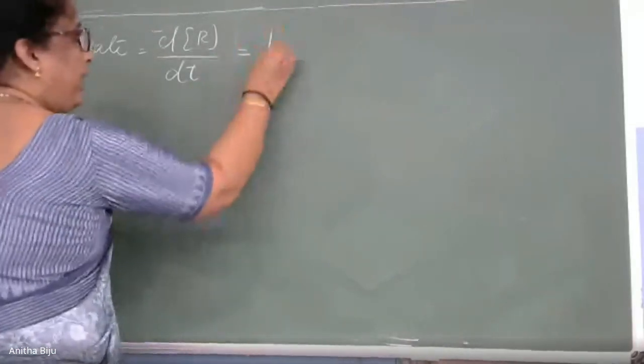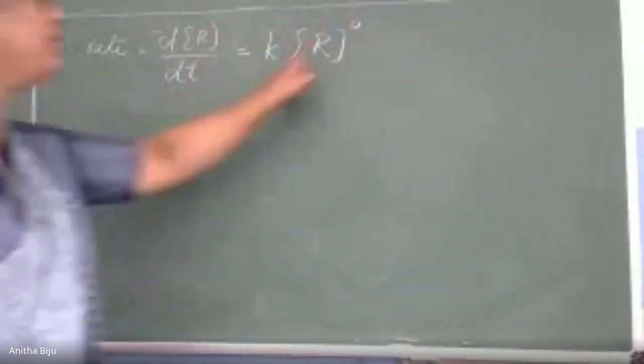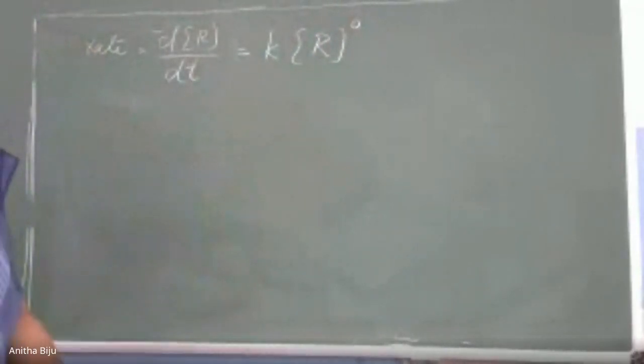So rate is equal to minus dR by dt, which is equal to k into R to the power 0. What does this 0 indicate? 0 means it is a zero order reaction, or the order of the reaction is 0.